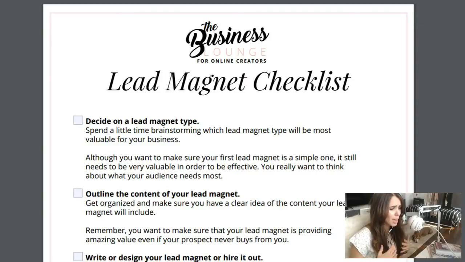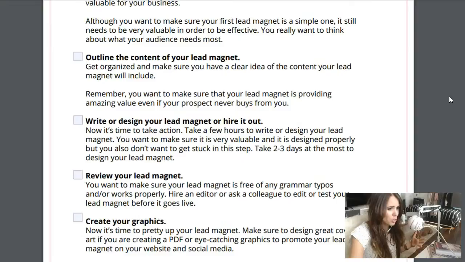Step number 2 is to outline your content, right? And this is very simple, but you want to make sure that you have a good grasp on what that entails. First of all, you want to make sure that you do your research and you have a clear idea of what your lead magnet is going to involve, right? So make sure that you brainstorm a couple headlines and then outline the exact content that you're going to be sharing inside of the lead magnet.